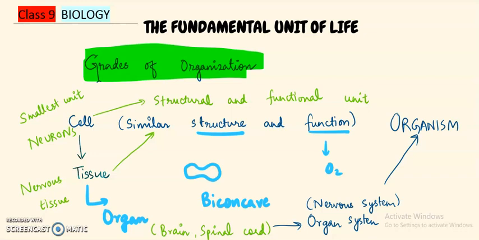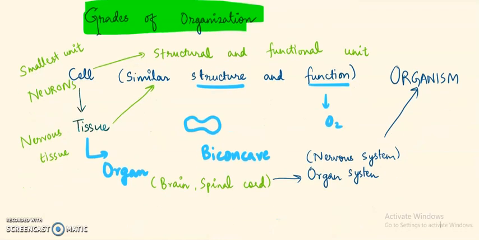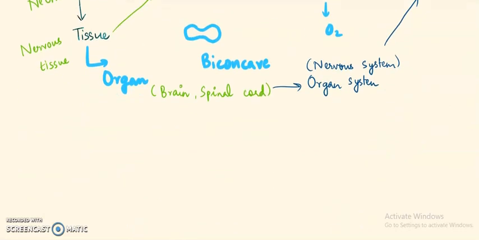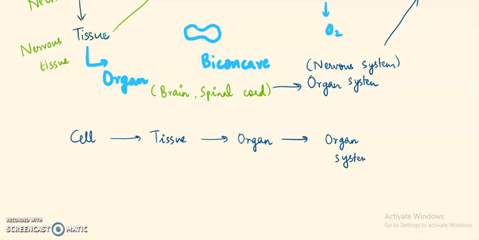So what have we done till now? That cell is the basic unit of life which aggregates together to form the tissue. Tissue aggregates together to form the organ. Organ aggregates together to form the organ system, and collection of organ systems makes an organism.